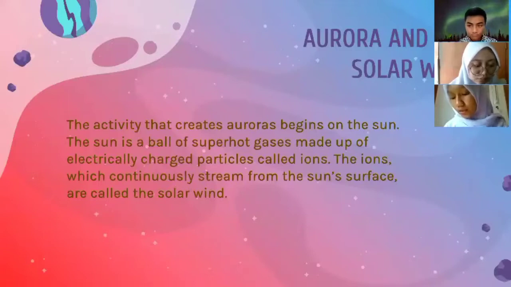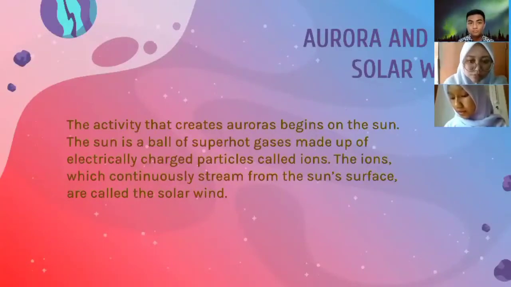Without this magnetic field protecting the planet, the solar wind would blow away Earth's fragile atmosphere, preventing life. Most of the solar wind is blocked by the magnetosphere, and the ions forced around the planet continue to travel farther into the solar system.